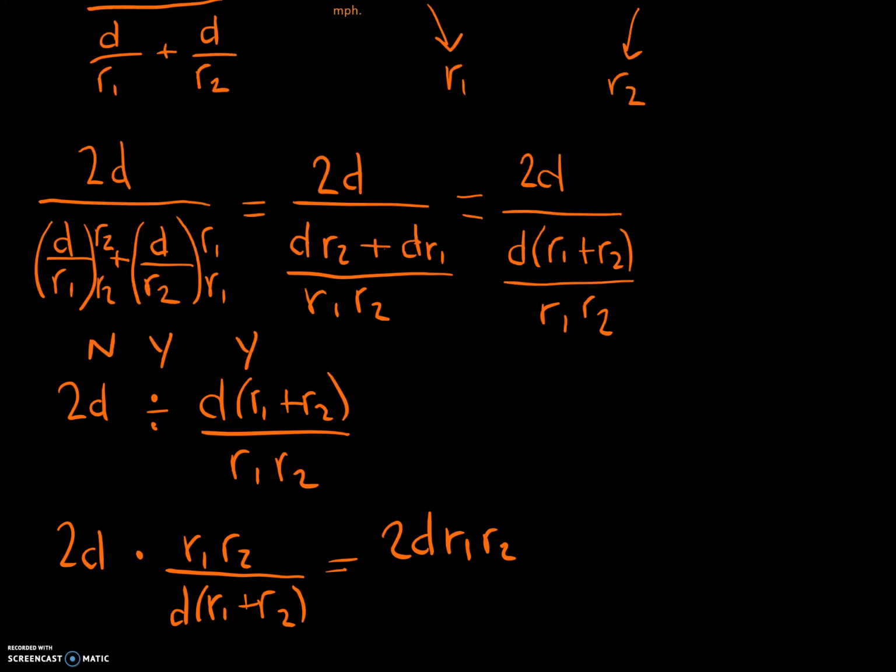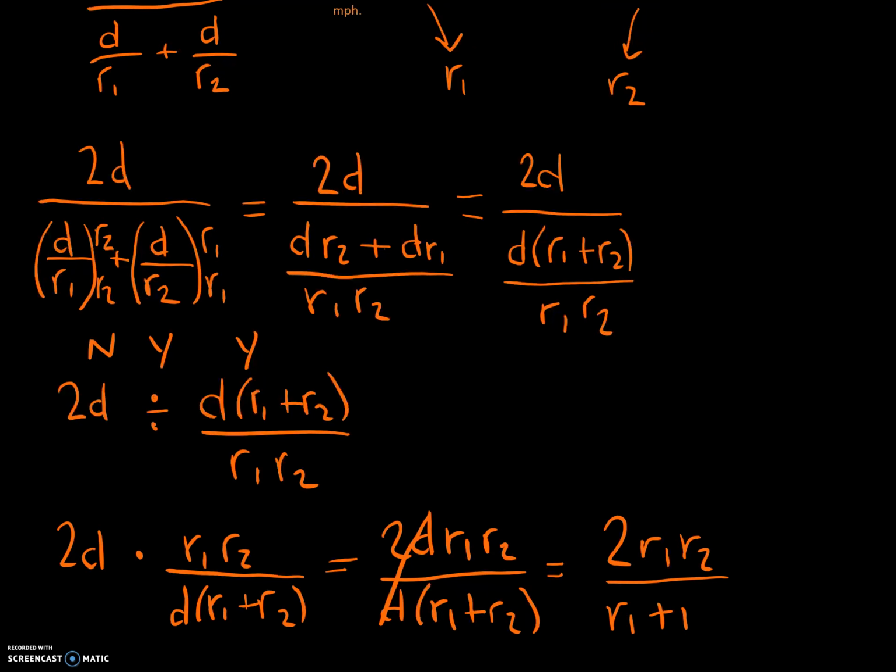R sub 1, R sub 2. Lots of multiplication going on the top. Now pay close attention and you'll see that you have a little bit that factors out. That's 1. So our expression looks like this, and we don't have to worry about distance. We just have it in terms of r1 and r2.